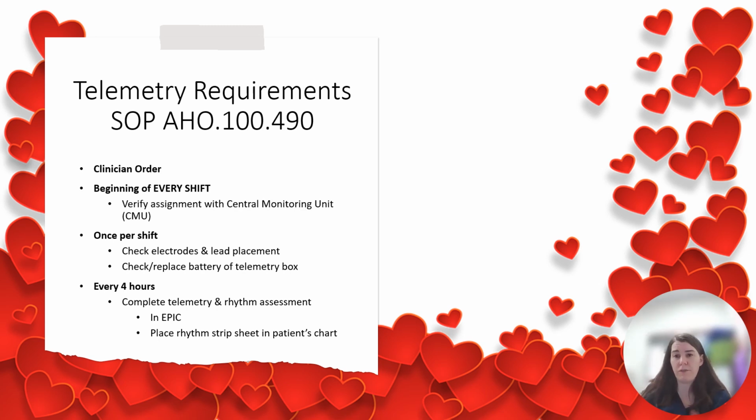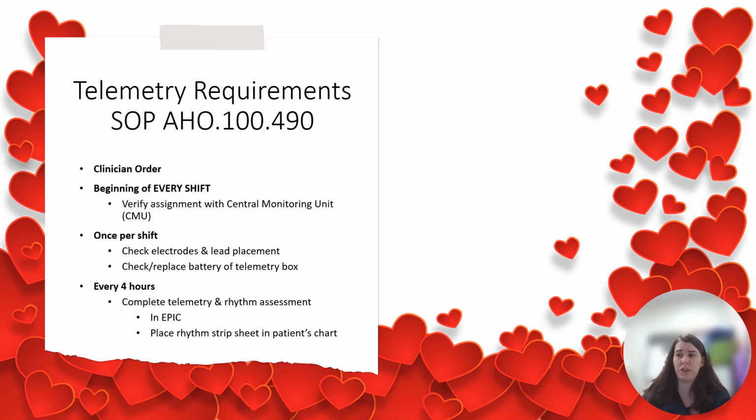And every shift, at the beginning of the shift, we are to call the central monitoring unit and verify our assignment. So once we've checked our orders to make sure that the patients that are on tele have the orders for them, we're going to then call the central monitoring unit to ensure that they have those patients on their assignment as well.